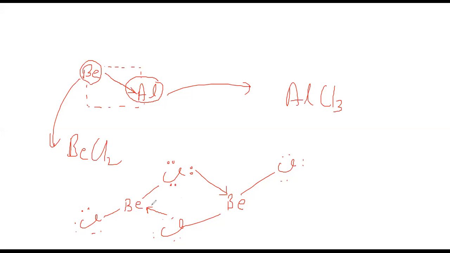In this way, they form a bridge bond. A bridge bond means there is no direct relation between the two atoms, beryllium and beryllium. It is bridged. That is what is called a bridge bond. There is another name for bridge bond also: three center two electron bond. See, two electrons are forming this bond and there are three centers.